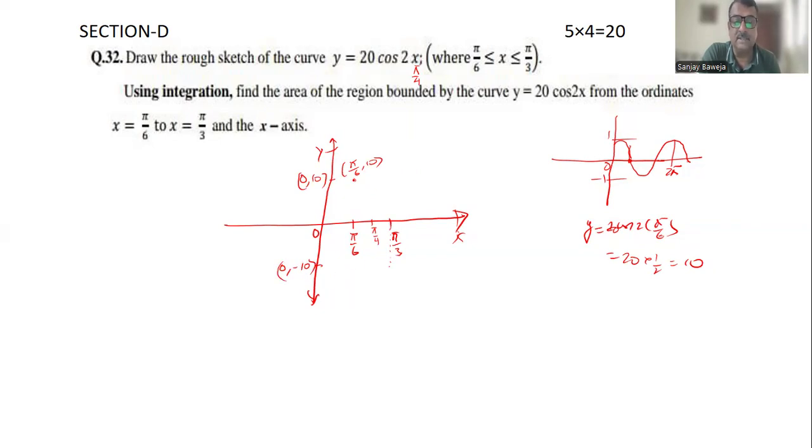So the rough sketch of this graph is like this, this is pi by 6 and that is pi by 3. So the graph goes like this. It is a graph like this, right? So this is the area we are asked to find out.